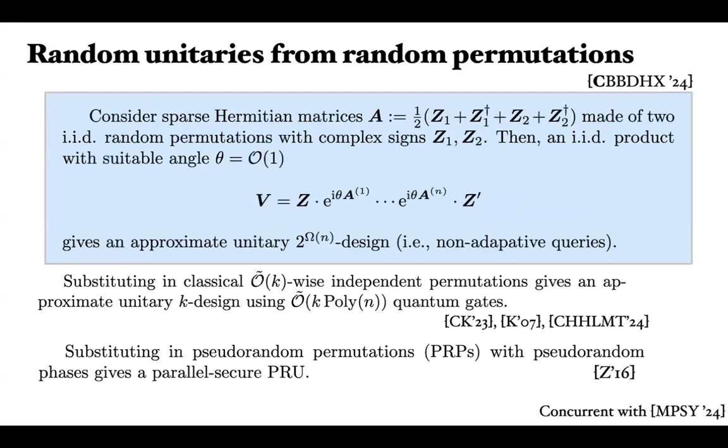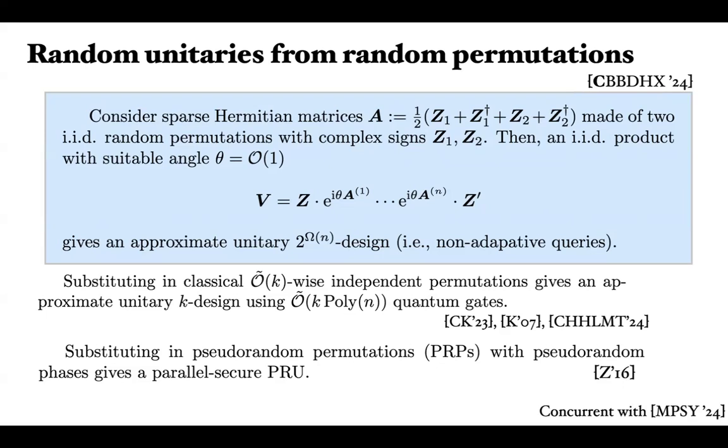The second construction pushes this further and gives better performance by considering another way of approximating unitaries. Here, what plays a key role is random permutations. What we do is take the product of independent sparse matrices.